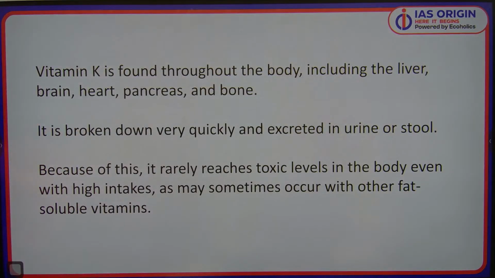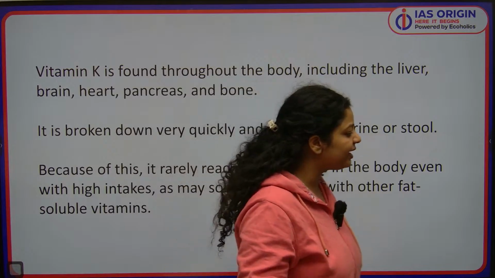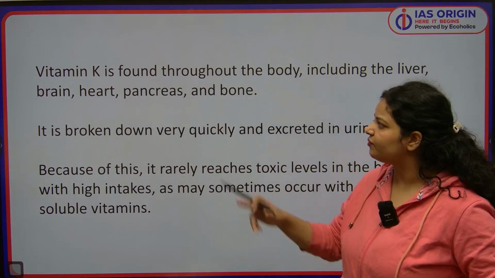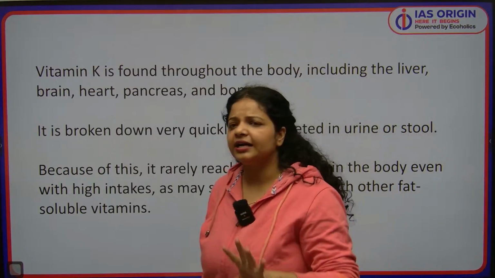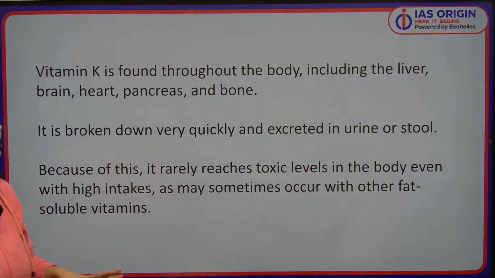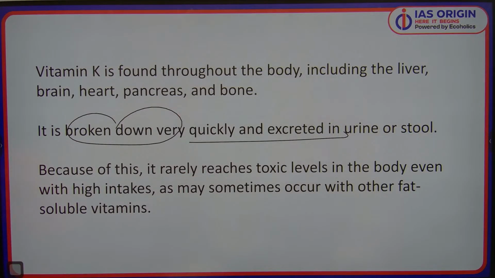Okay. So vitamin K is obviously found all over the body. It is present in your liver, brain, heart, pancreas, bone, everywhere. If UPSC asks you whether vitamin K is present only in liver and heart, the answer is no. It is present in every part of the body. It is easily broken down, which means it can be easily excreted through urine and stool.